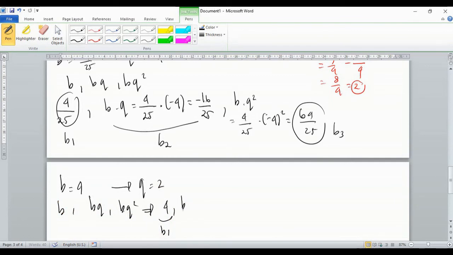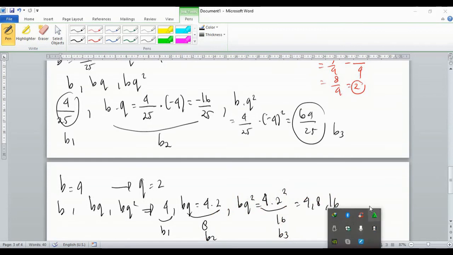And then we have bk. bk is 4 times 2. It's equal to 8. And then bk squared is equal with 4 times 2 to the power 2. It's equal 16. So 16 is the third term, 8 is the second term. So this one is 4, 8, 16. Okay, everyone? I hope you understand what I'm explaining.